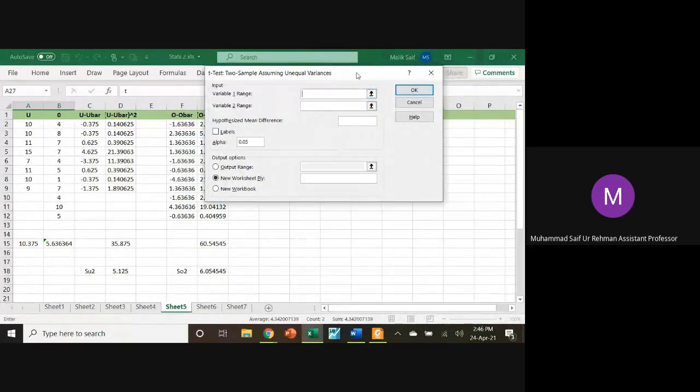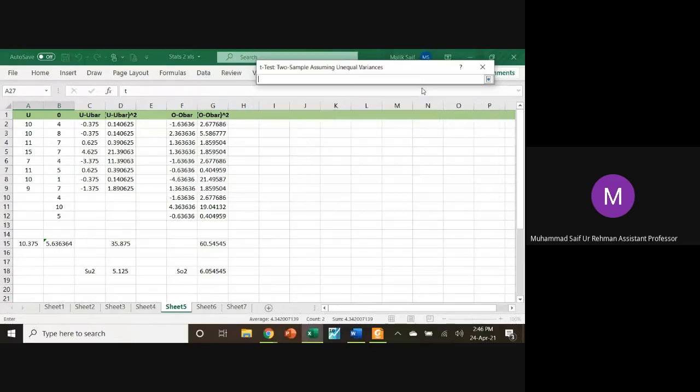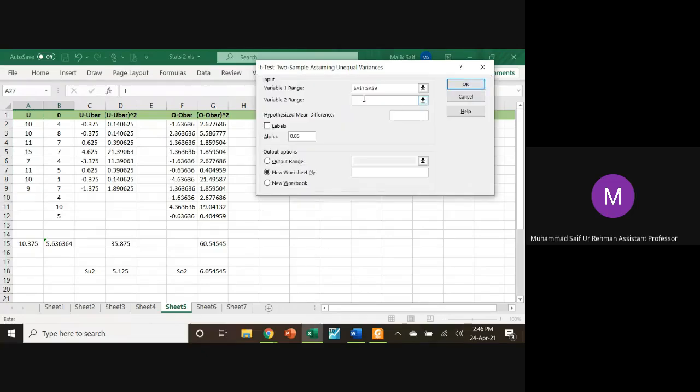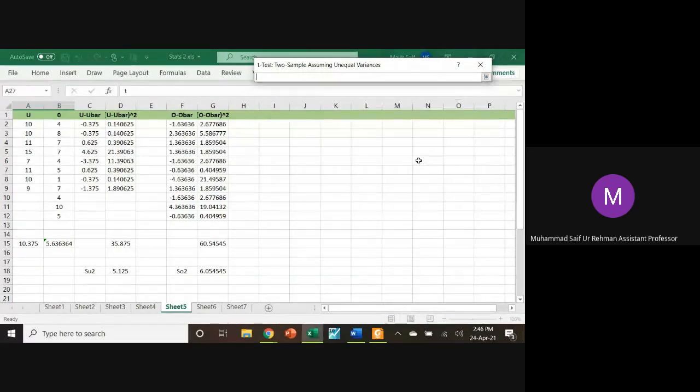This window will appear. You have to give the first series like this. Again press this arrow, come over here, second series. Yes, labels are there in the first row. Alpha is 0.01, which is given. Output range you have to give over here. Let us give the output range at this point.